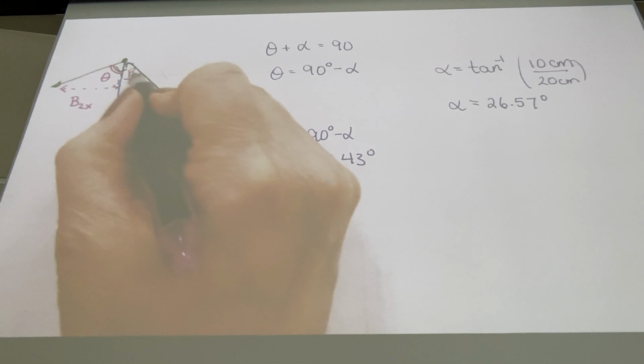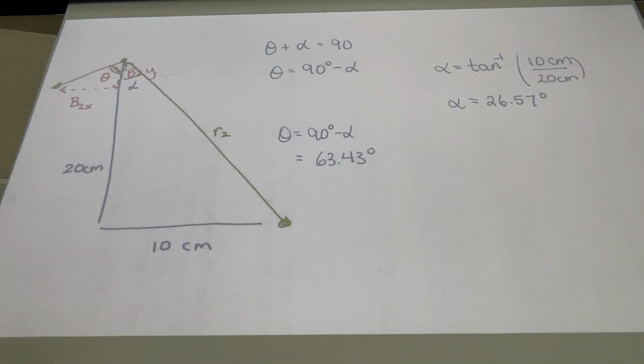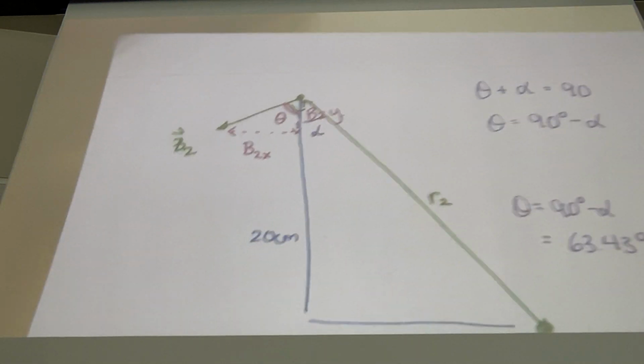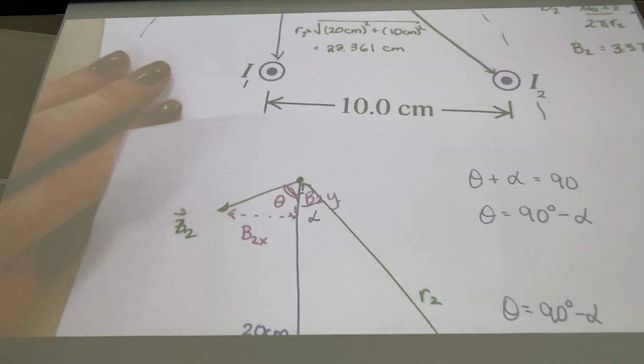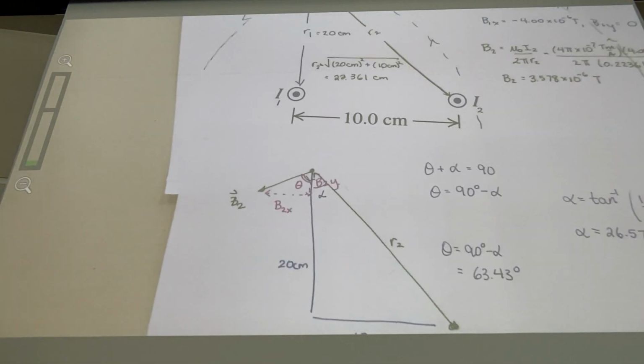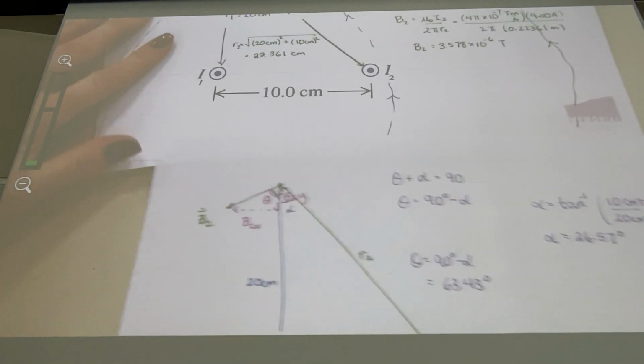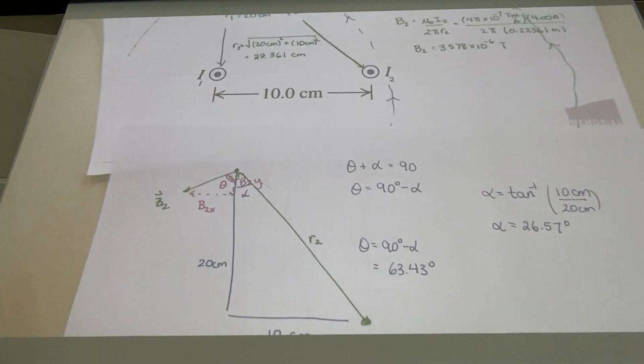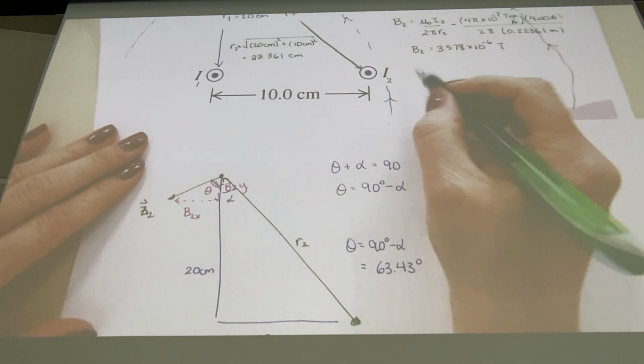So my B2y, I'll go ahead and label that one now. I'll just come back to my previous slide now to write these results down there. So for my B2x, it points to the left, so it's going to be negative.